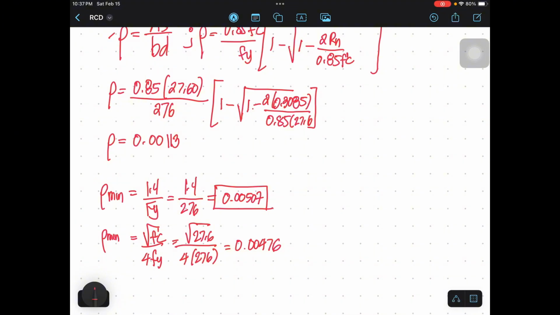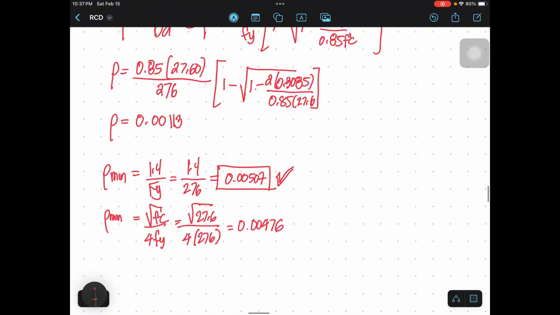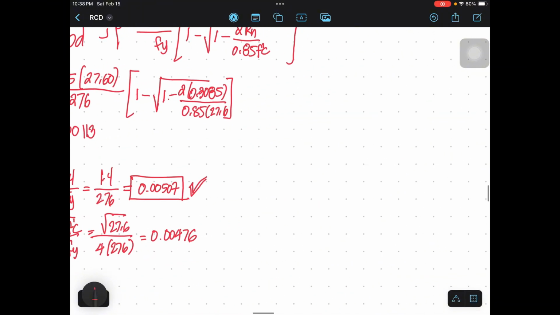So therefore, yung gagamitin natin na steel reinforcement ratio is the minimum or 0.00507. Very important na alam natin yung mga minimum or mga limits, kumbaga ng mga parameters na kino-consider natin. Okay?